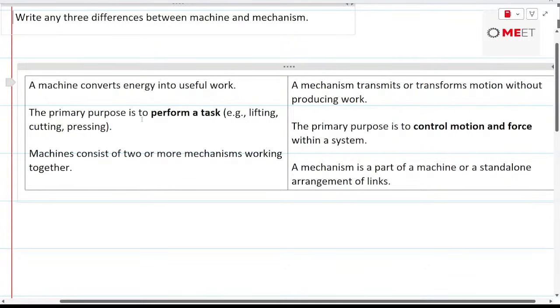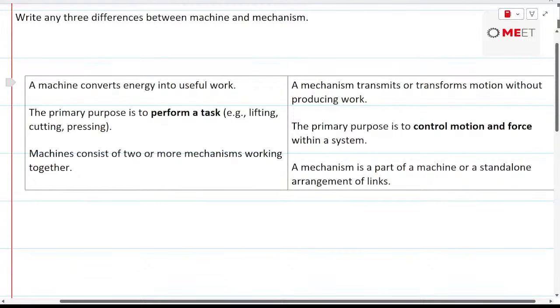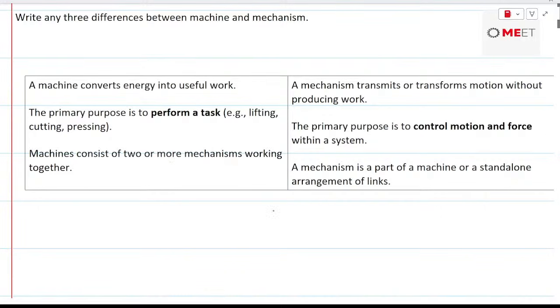It could be lifting, cutting, pressing, punching, etc. These are the operations. The primary purpose of a mechanism is to control the motion or force within the system. A machine consists of one or two or more mechanisms, whereas a mechanism is the soul or working model behind a machine.